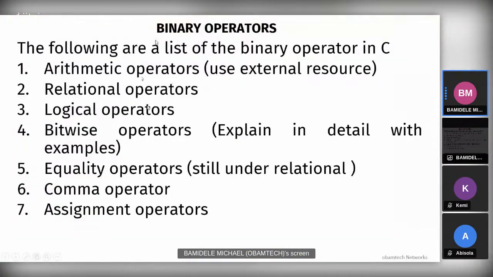So we have binary operators. The following are the binary operators in C: arithmetic operators, relational operators, logical operators, bitwise operators, equality operators, comma operators, and assignment operators.